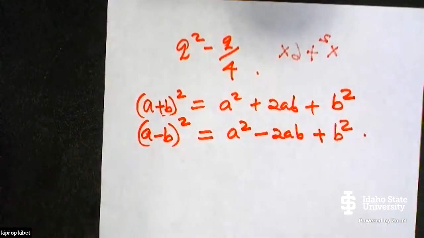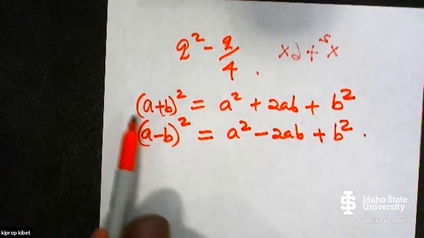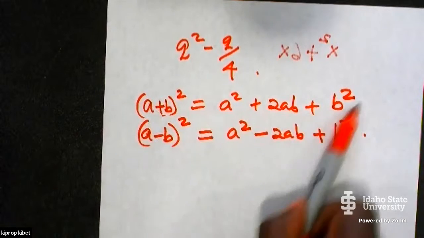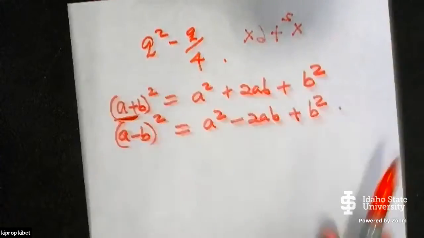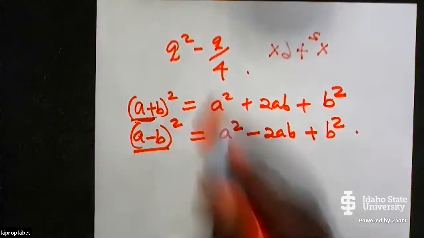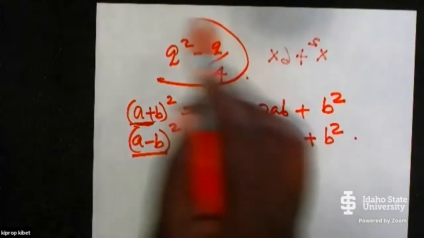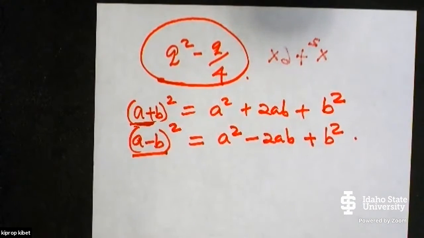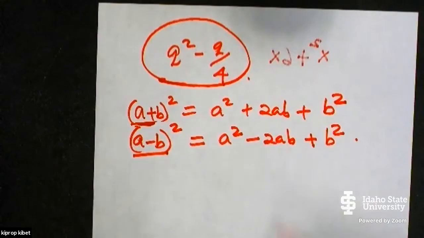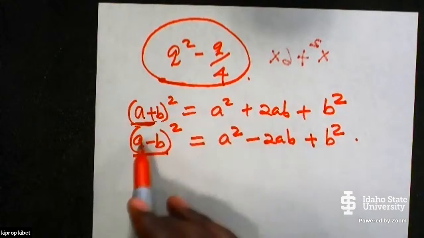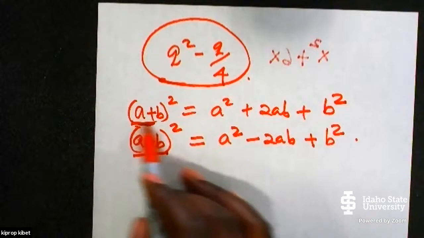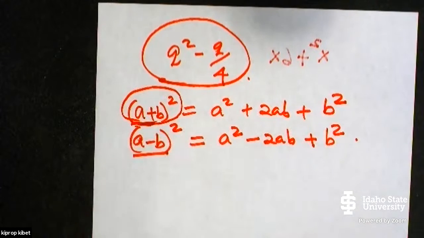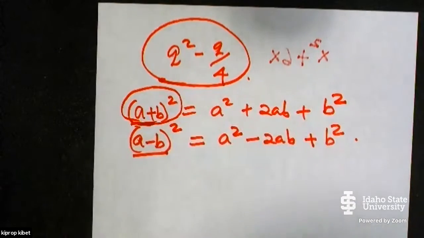So we want to create a pattern like this, so we want to form this one when we have an expression like that. So how can we use this pattern to form this one?